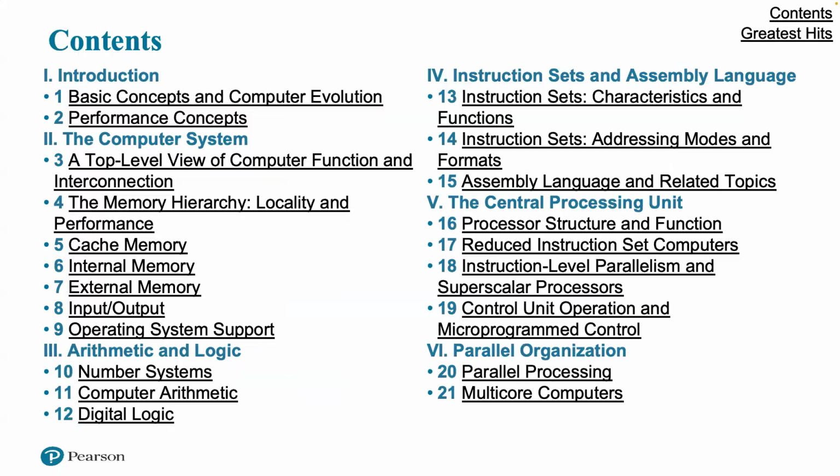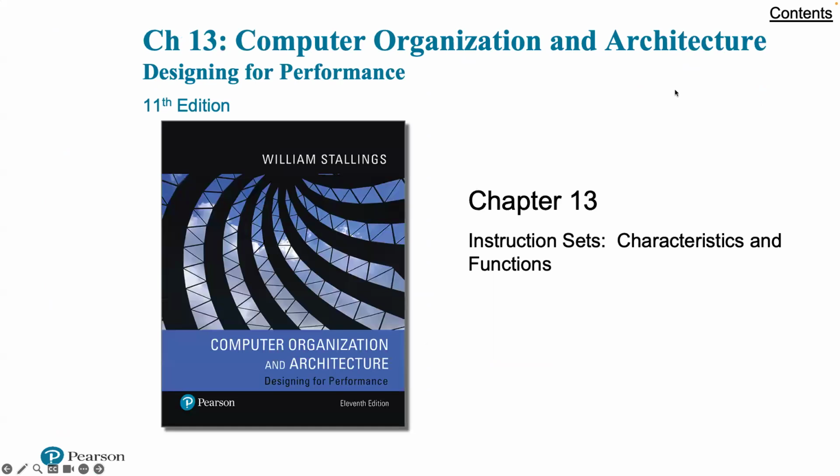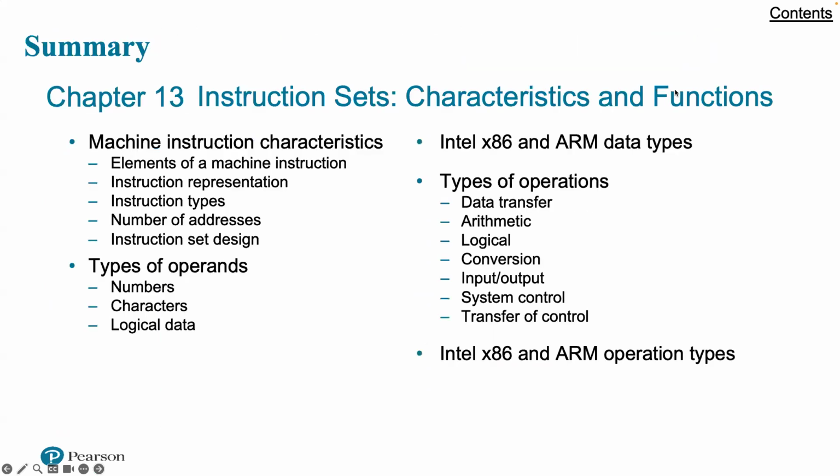Okay, we're going to be focusing today on the last of three chapters that are dealing with instruction sets and assembly language. I'm just going to quickly review the kind of things that we talked about in these last two chapters. In chapter 13, we looked at the characteristics and functions that can be seen in instruction sets.